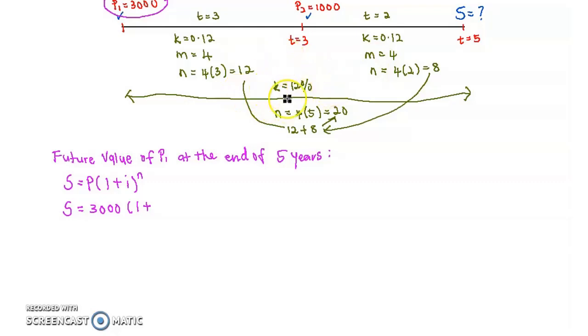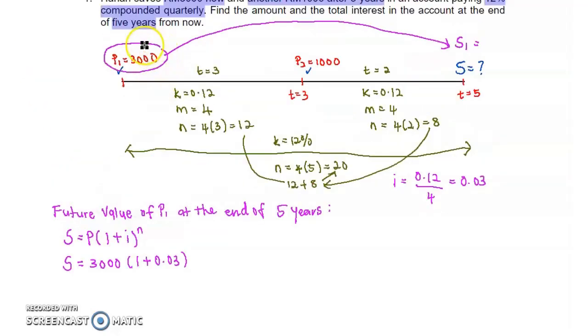Since we have one rate only, so I equal to K over M, 0.12 divided by 4. So here you will get 0.03. Okay, how about N? Now we want to calculate 3000 here for 5 years. So if 5 years, N equal to 20. Okay, not 12 and not 8, because now we calculate for 5 years.